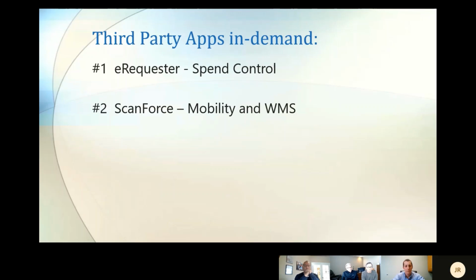and then automatically synced into your Sage database. So they've really taken all of the inventory transactions that you would do, PO receiving, SO shipping, inventory transfers, adjustments, physical counts, right? Any of those transactions, and they put them on handheld devices, giving you the ability to scan those transactions.